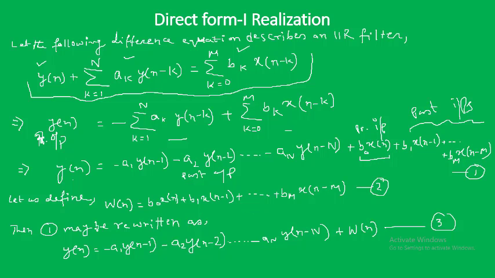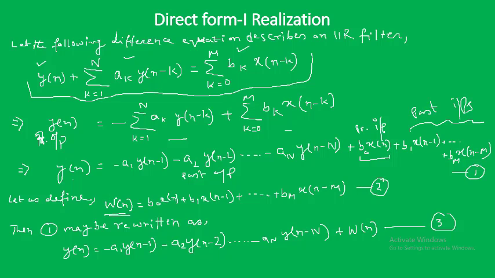Now let us define another polynomial w of n, which is the combination of the present and past inputs. So w of n is equal to b naught x of n plus b1 x of n minus 1, up to bm x of n minus m.